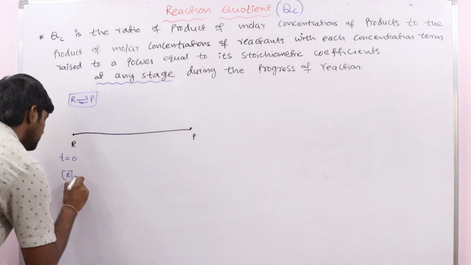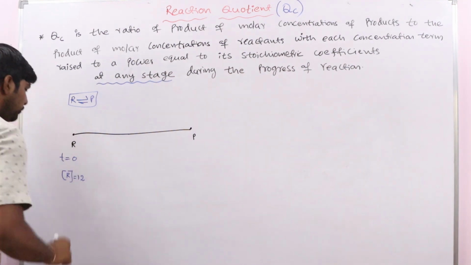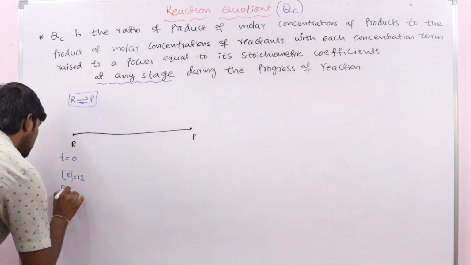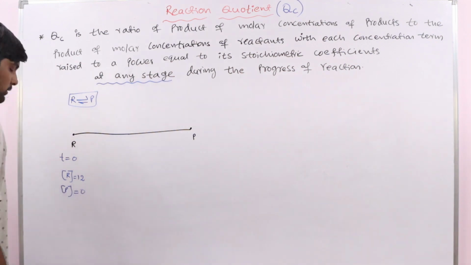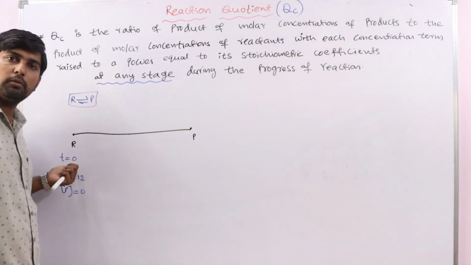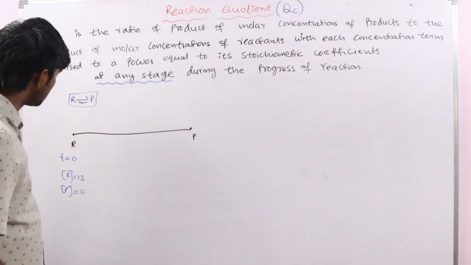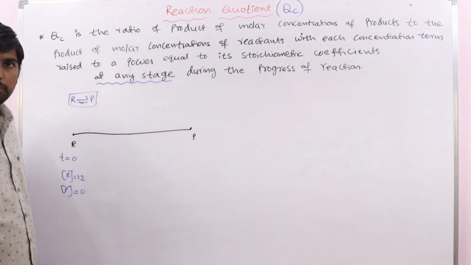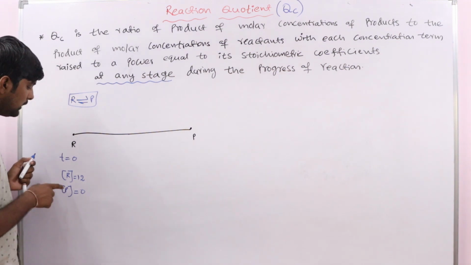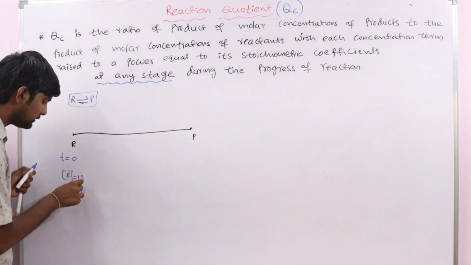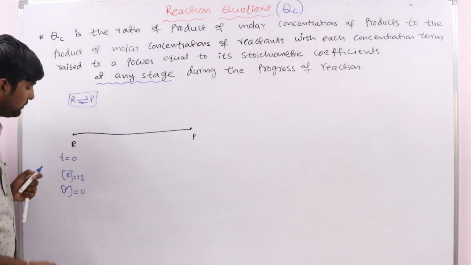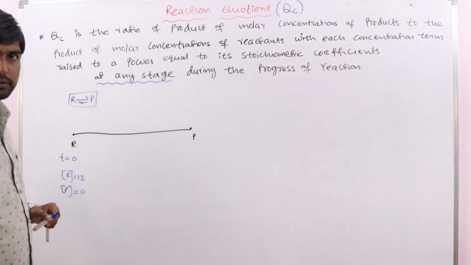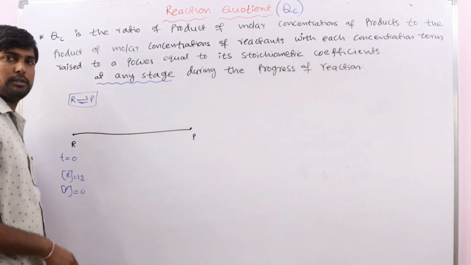Let us assume 12 units of reactant are present. What about product concentration? It is 0, because at time t equal to 0 the reaction has not yet started. For understanding purposes we are discussing with numbers, which is easy to understand. The reactant concentration is some non-zero value, say 12 units, and the product concentration is 0, meaning the reaction has not yet started.